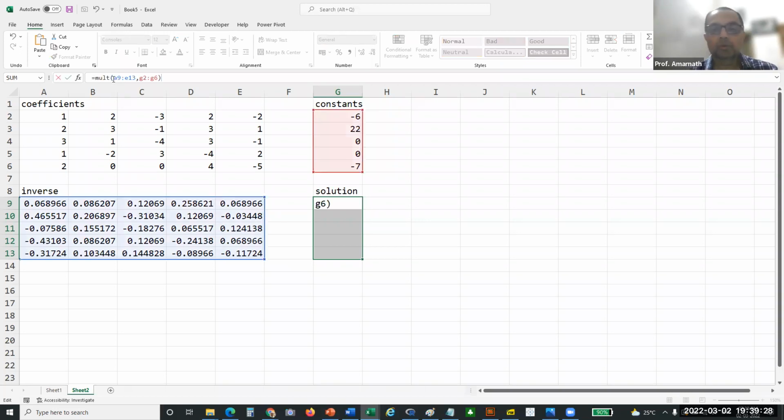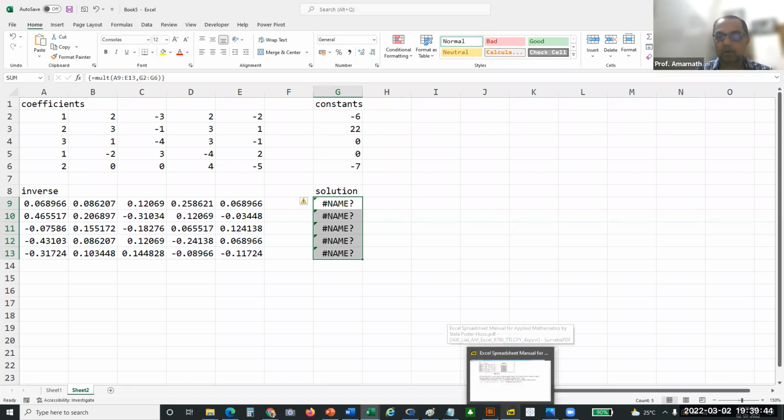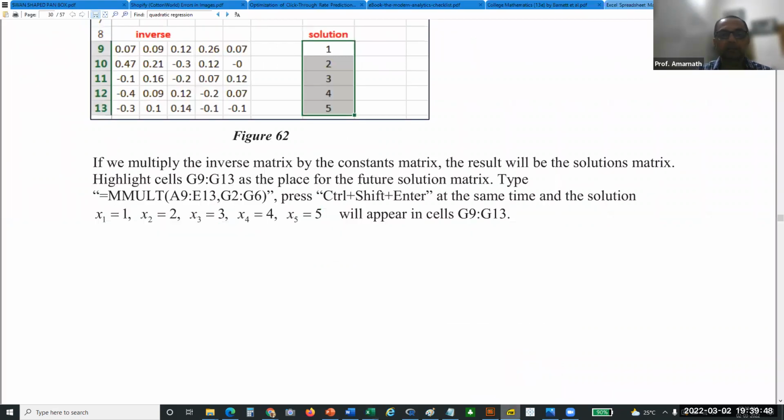So those two, one is a column vector, other is a matrix here. So I'll try to multiply it, press enter here, Control Shift and Enter. There is something wrong here. So what has happened? Am I wrong, or I don't know. Let me check the formula, Professor.